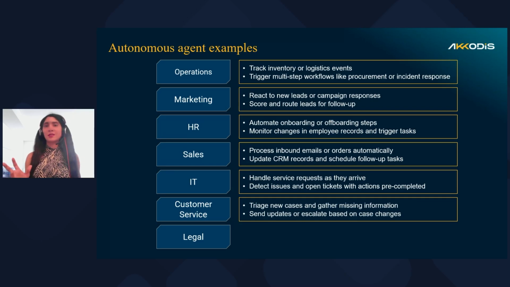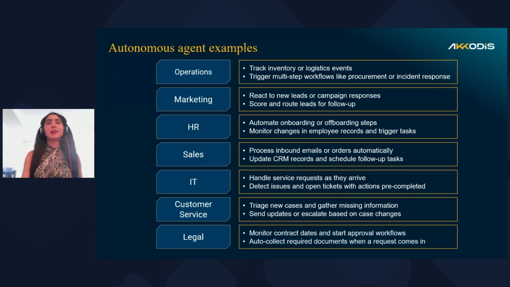Customer service could triage new cases, gather information by going into the right places to recover it, and send updates to the customer. And finally, some ideas for legal. You might have agents that can monitor the dates you've got on contracts and then kick off approval workflows when those come up, or go and collect documents and request them when needed.